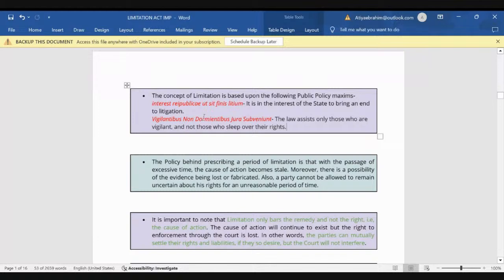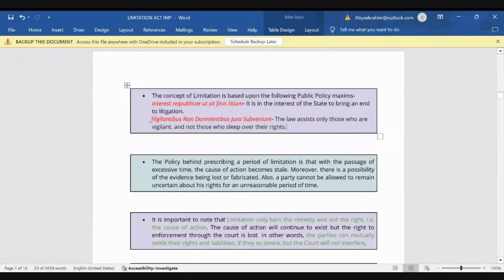So first is interest reipublicae ut sit finis litium, which means it is in the interest of the state to bring an end to litigation. Interest reipublicae ut sit finis litium.